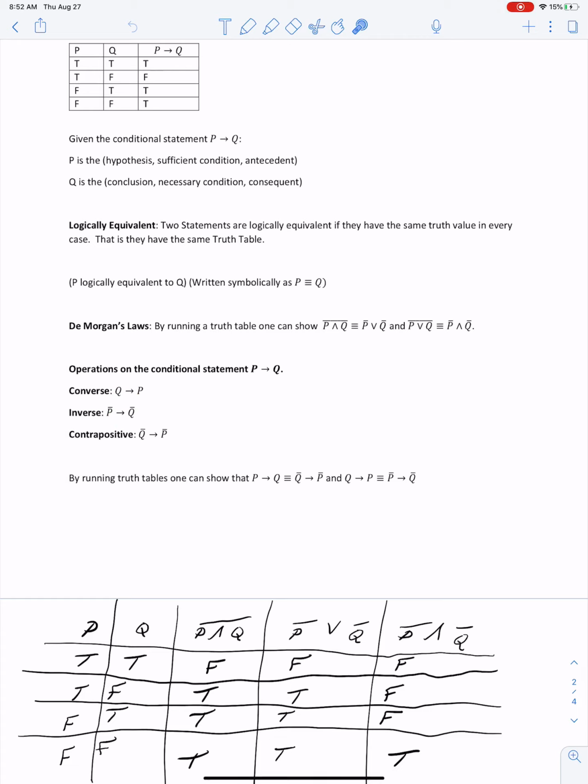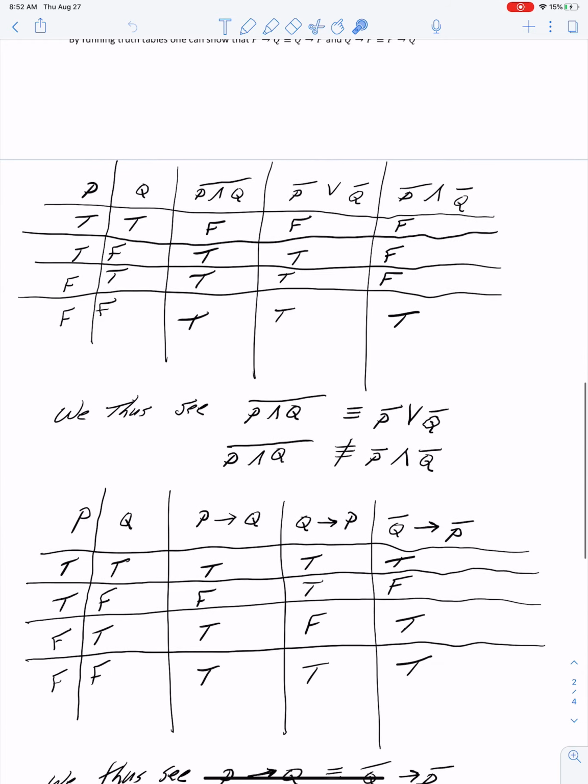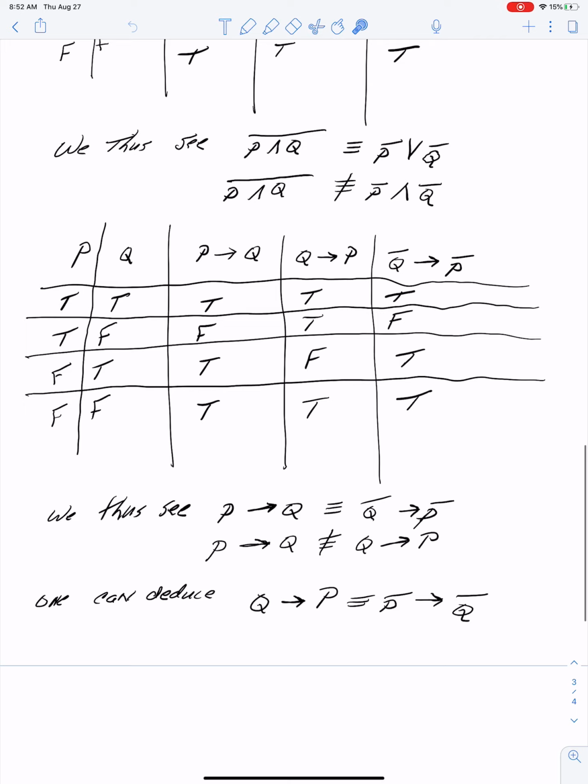By the way, the contrapositive of the converse is the inverse. A lot of stuff to unwrap, but not too complicated. So what have I just argued? And you can also run a truth table to verify.